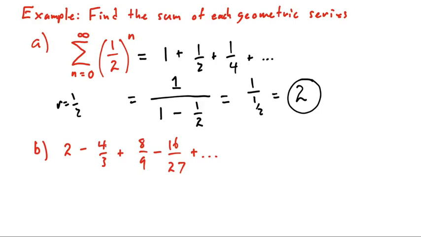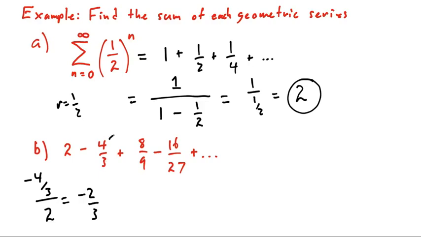For this second example, it's not clear at first glance that our series is indeed geometric. To check whether it is or not, let's take two consecutive terms and find the ratio. We'll take -4/3 divided by 2. That gives us an answer of -2/3. So to get from 2 to -4/3, we multiply by -2/3.